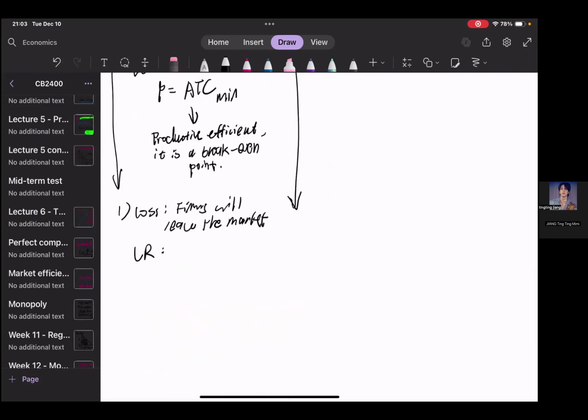Therefore, in the long run, supply will drop. So, average total cost will drop. And then it brings back to the break-even point again.